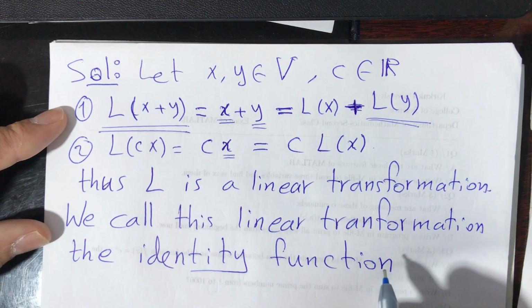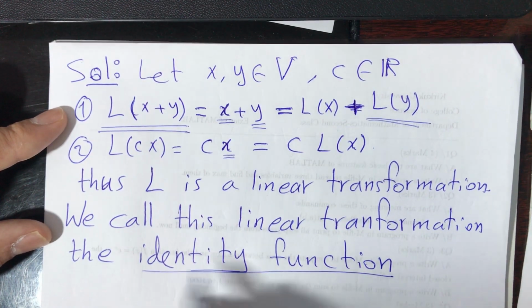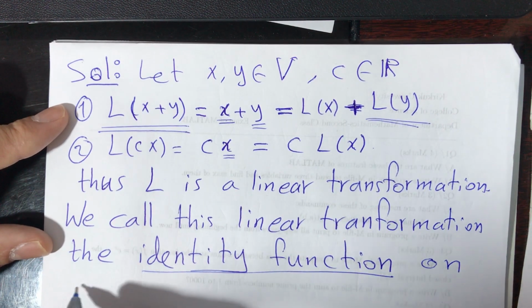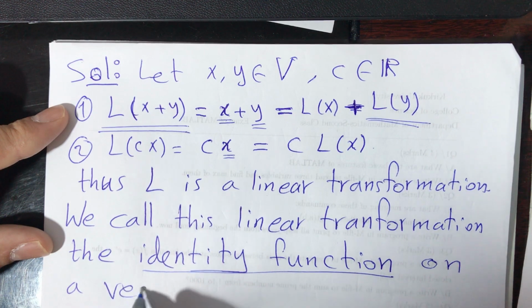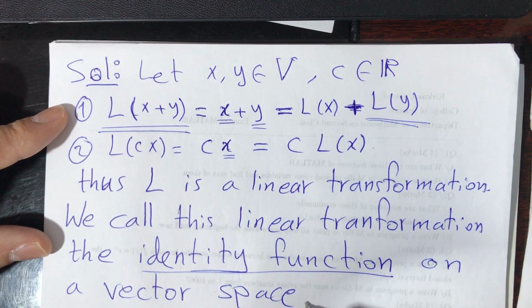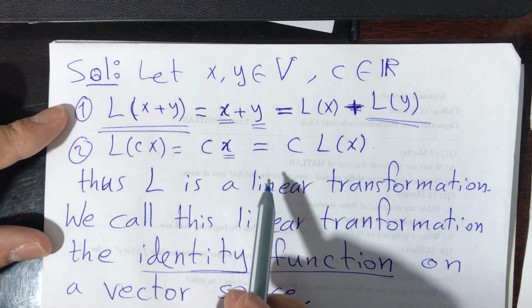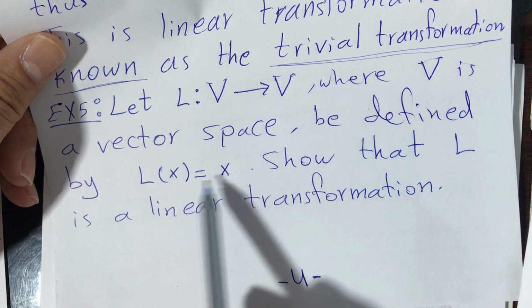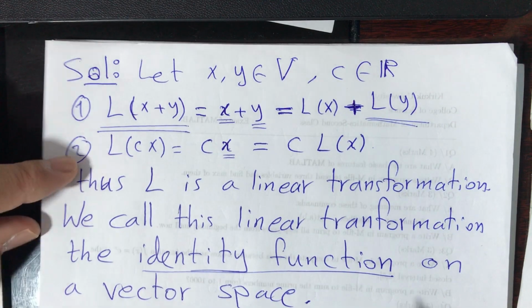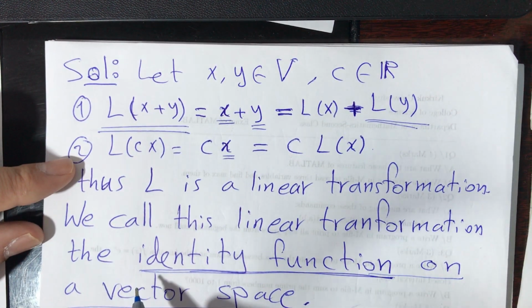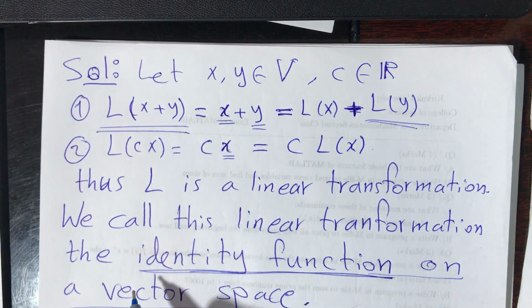We call it the identity function on a vector space. We call this because this is the same, because this is still the same. L of x equal x, so we call it the identity function on a vector space.